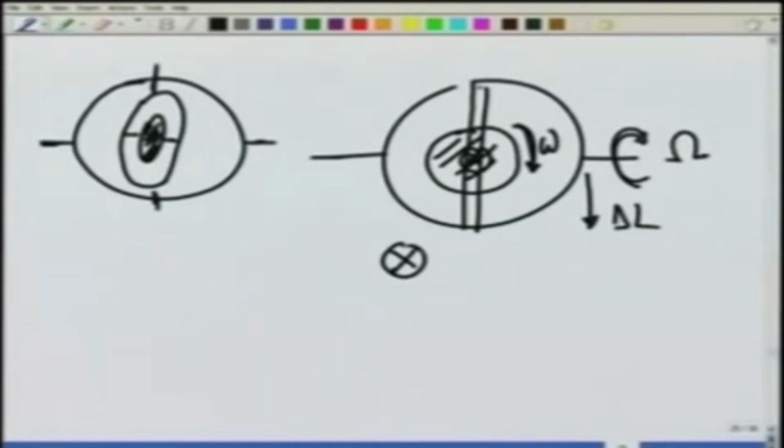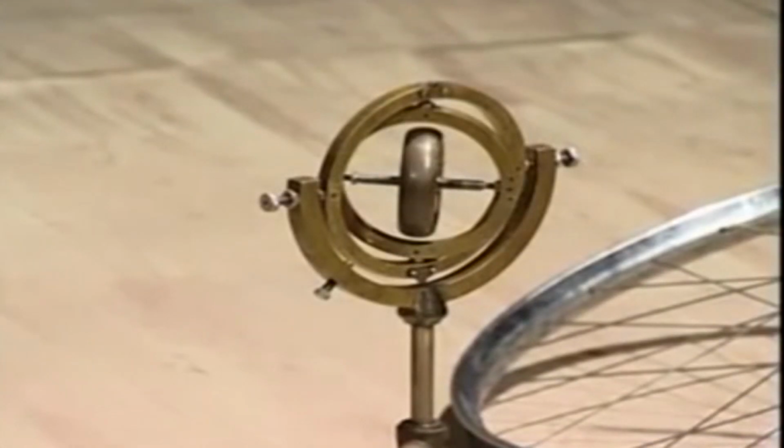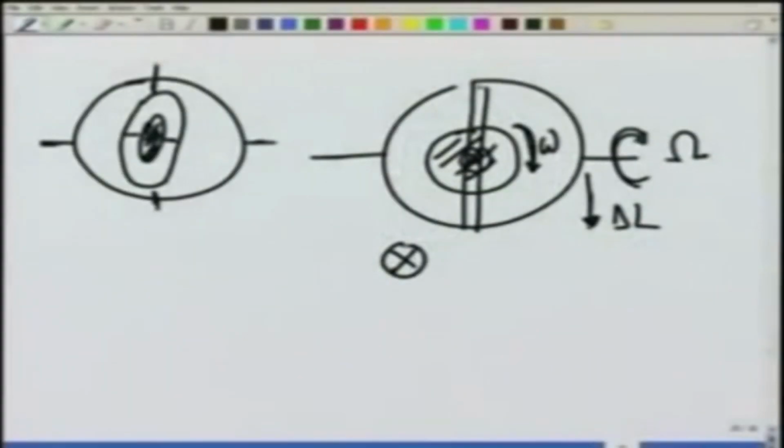However, assuming everything is frictionless, there is no torque on the system which can change angular momentum going down. If there is no torque, there should really be no change in L as far as the vertical direction is concerned. So what does this frame do?